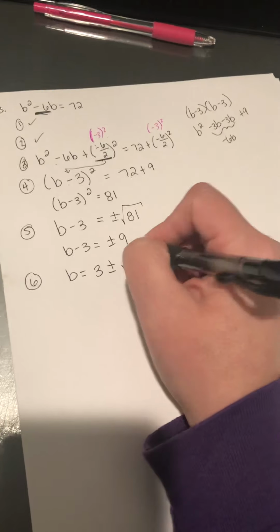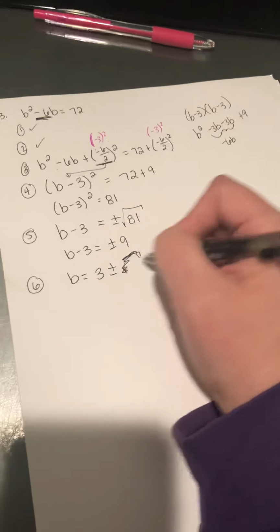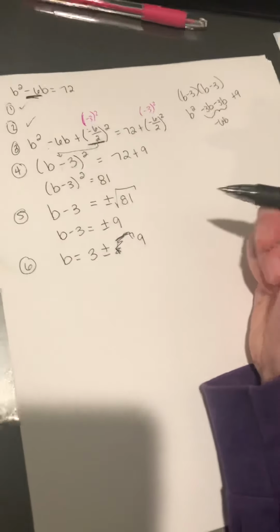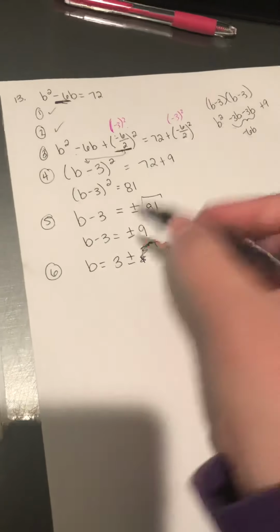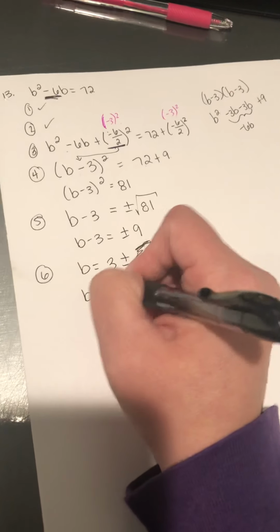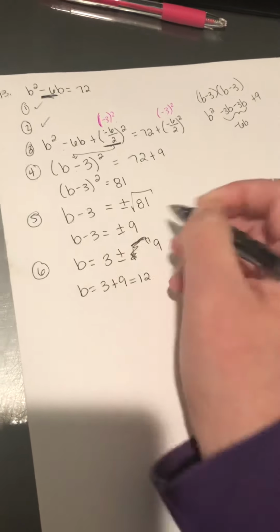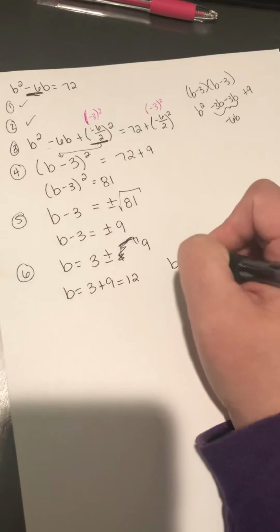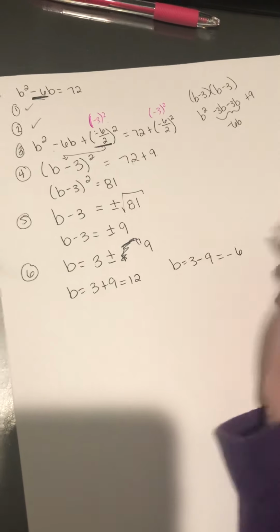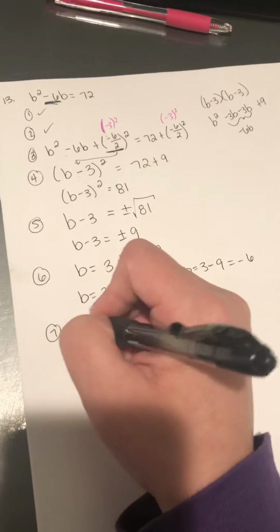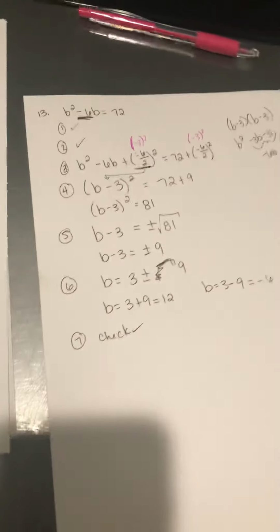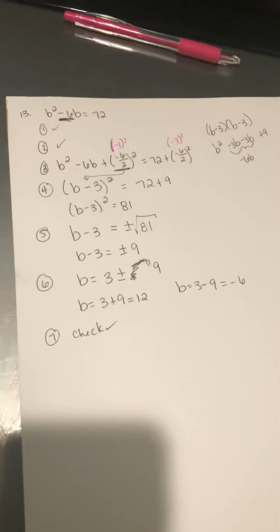So then I would have two answers. I have b is 3 plus 9, which is 12, or b is 3 minus 9, which is negative 6. And again, step 7 is just check, and both of those work if you plug them back in.